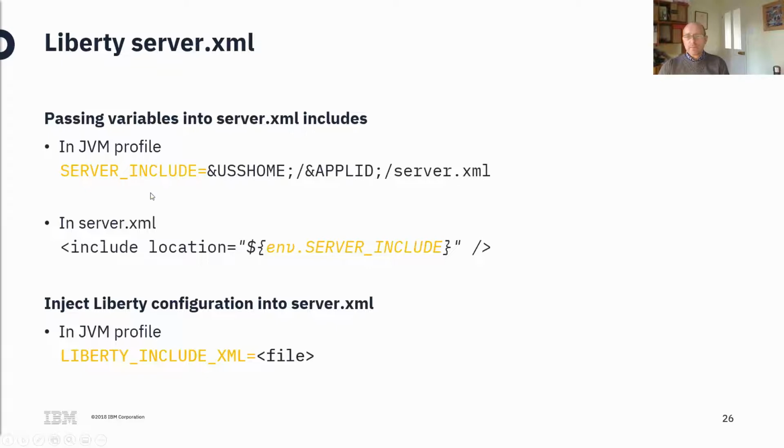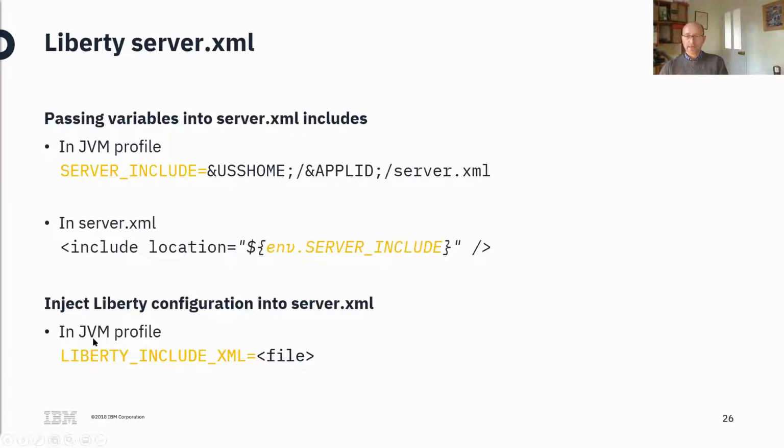Also, in Liberty server.xml, you can pass variables into server.xml. So those variables we saw, they can be set in a JVM profile. Like here, we're setting this server include variable in the profile to a certain path, and then you can reference that using the env.serverinclude syntax in server.xml. So you can pass parameters into server.xml from a JVM profile.